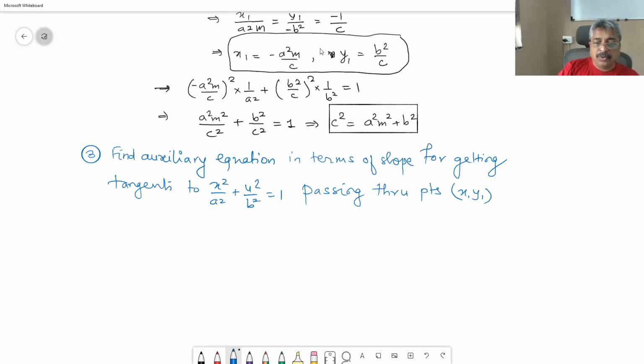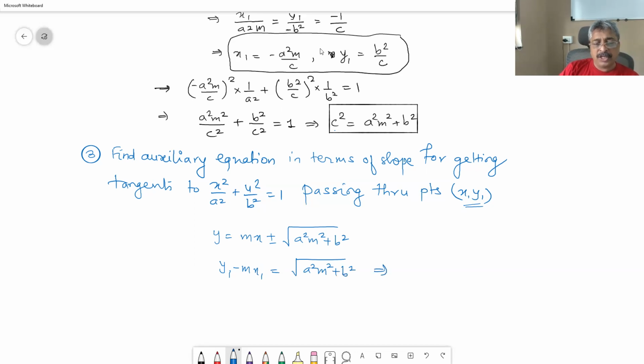y is equal to mx plus minus under root a square m square plus b square, because we have found out c is equal to radical this. So this is the line which is going to be tangent to the ellipse, and what we are asked to do is that this line should pass through x1, y1, and therefore y1 minus mx1 is equal to radical a square m square plus b square.